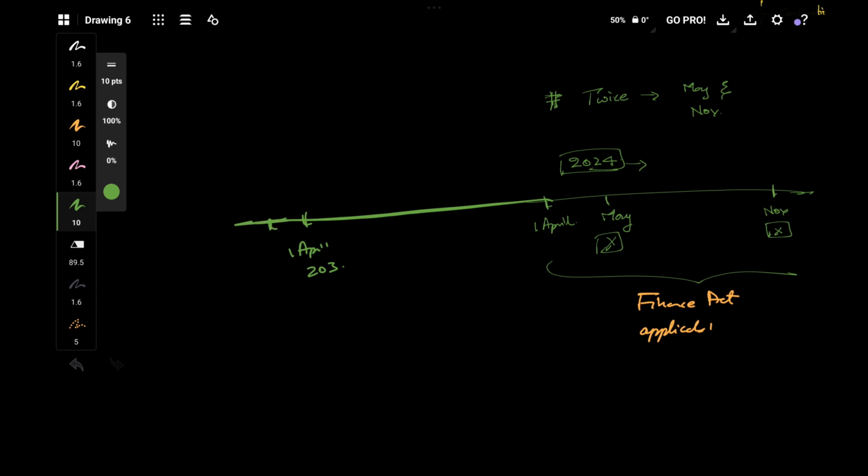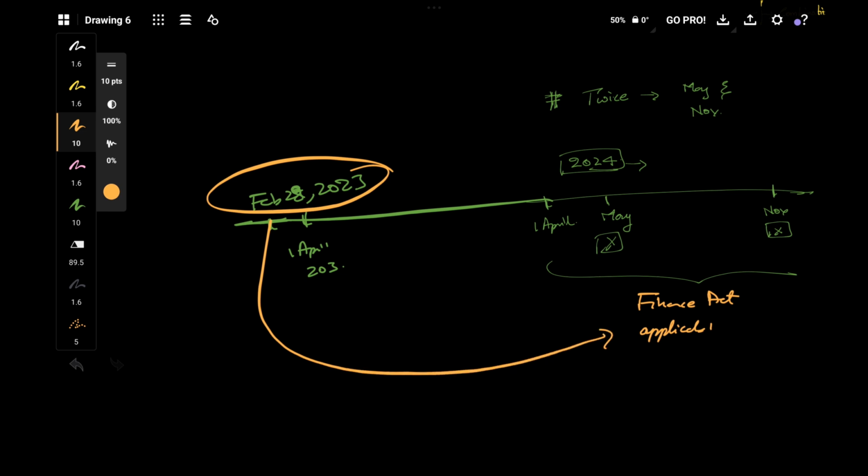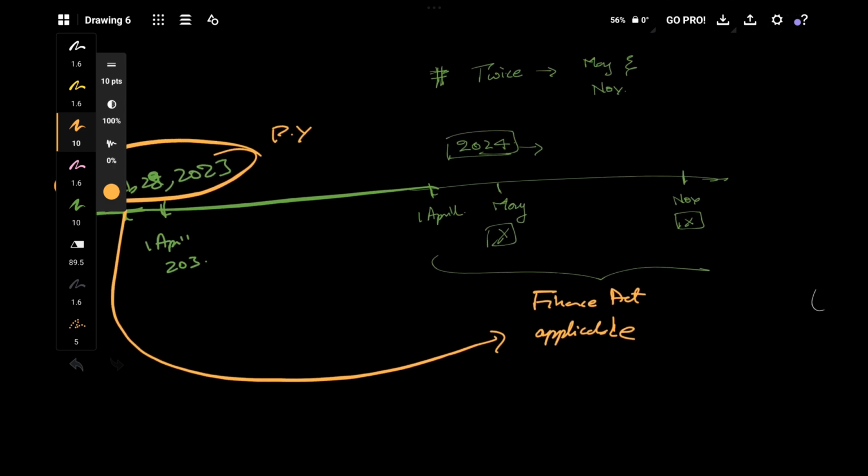This is Feb 28th, 2023. So this Finance Act, Feb 2023, will be applicable here, and this is the previous year, and this is the assessment year.